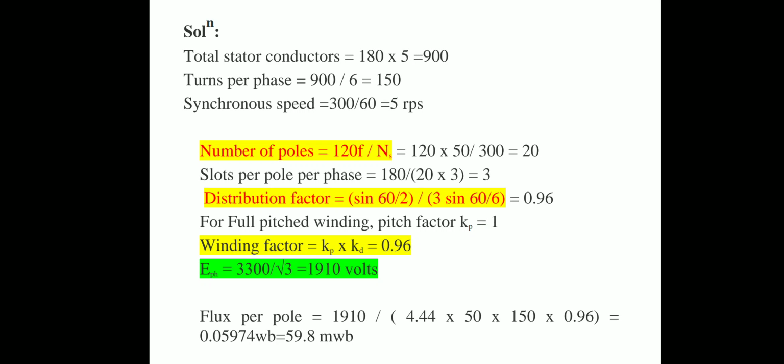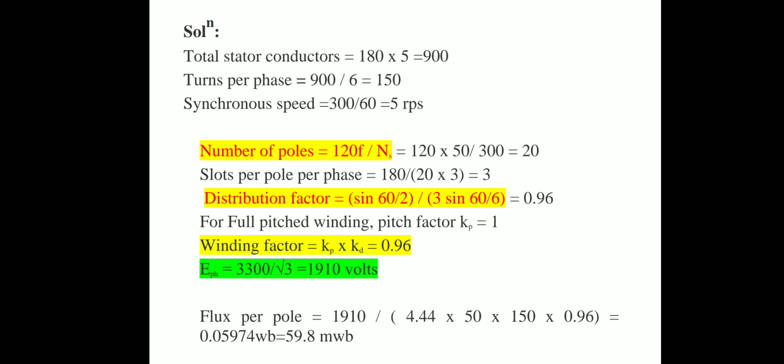Number of poles, from the formula P is equal to 120 f by Ns, is equal to 120 into 50 divided by 300, which is equal to 20. Slots per pole per phase is equal to 180 divided by (20 into 3), which is equal to 3.